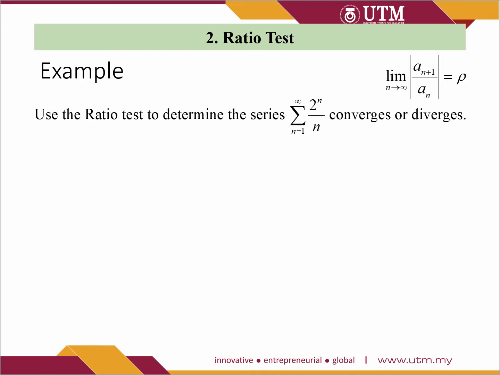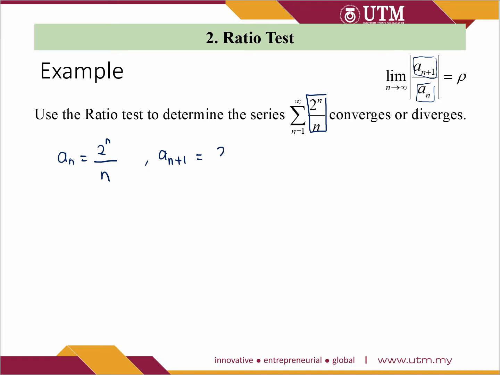From this formula, you have to determine what is a_n and what is a_(n+1). So a_n is just that obtained from the function in the question, which is 2 to the power of n over n. And for a_(n+1), you just have to substitute n plus 1 into n.